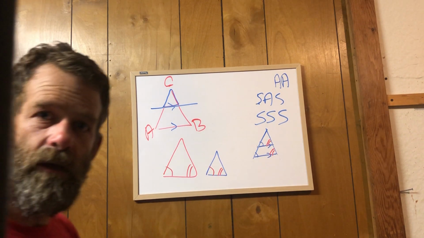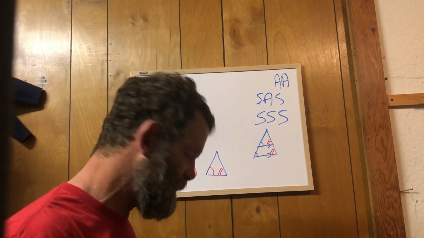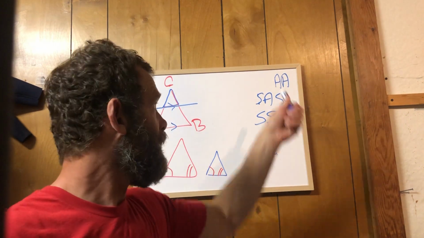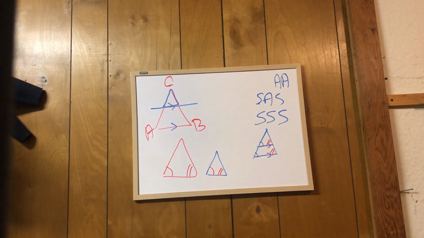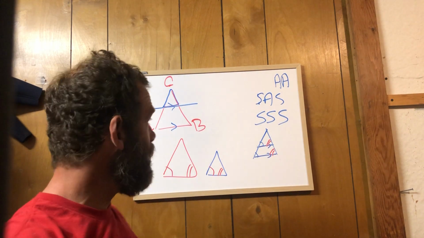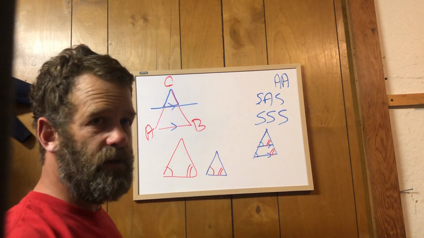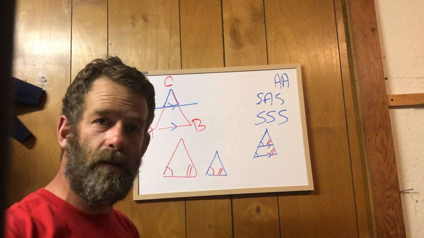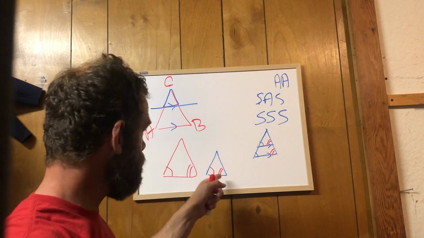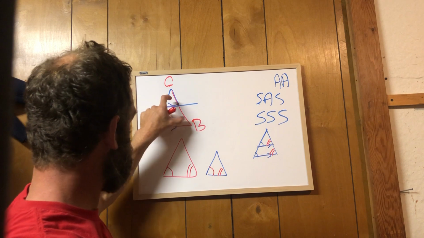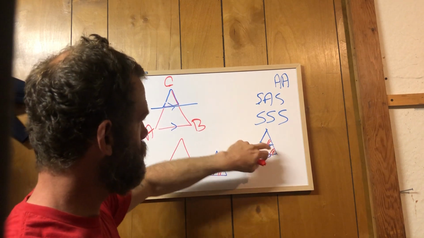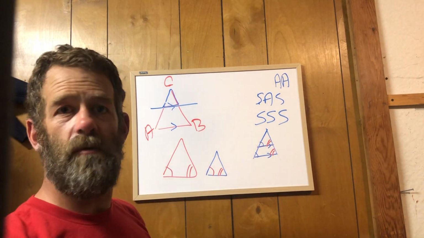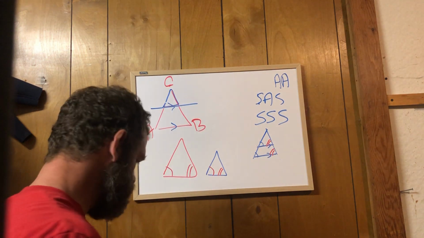So what conjecture makes these two triangles similar? The answer is angle, angle. So angle, angle is what makes these two triangles similar, because whenever you have parallel lines, you have corresponding angles here and here and here and here, just like this, that are congruent, so therefore the two triangles are similar.